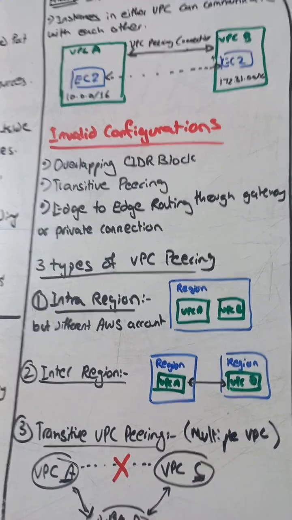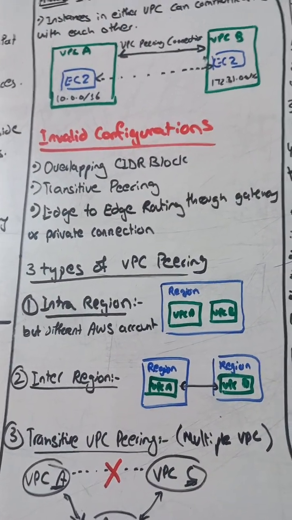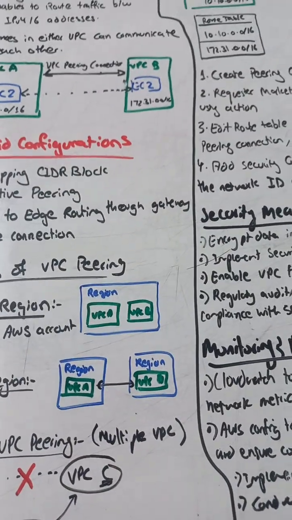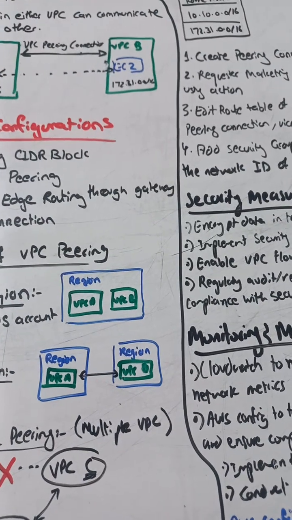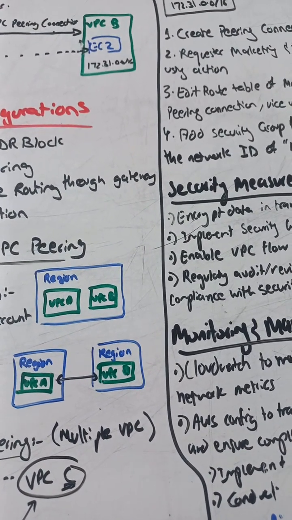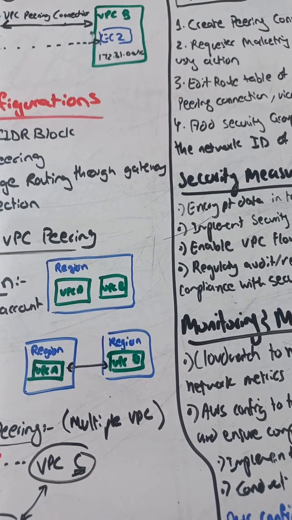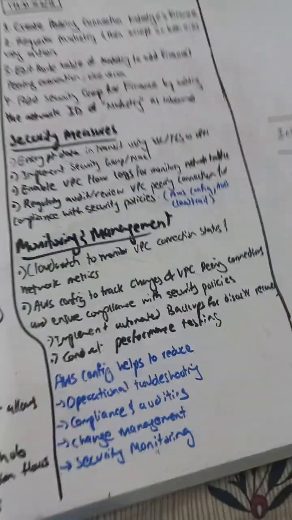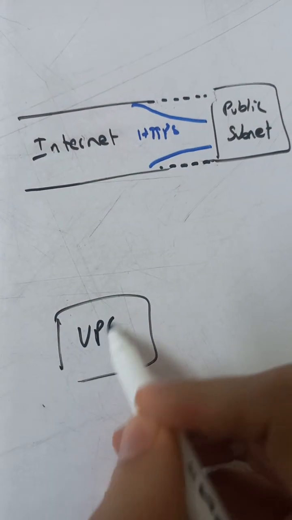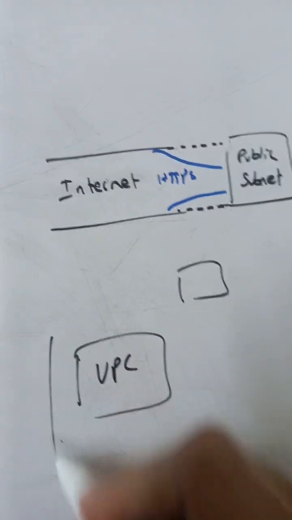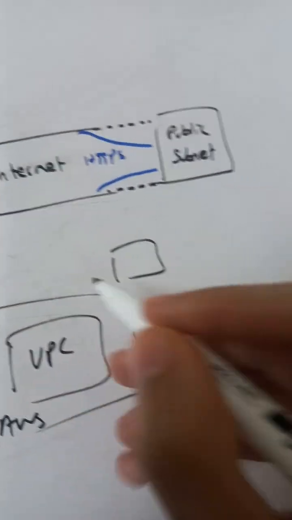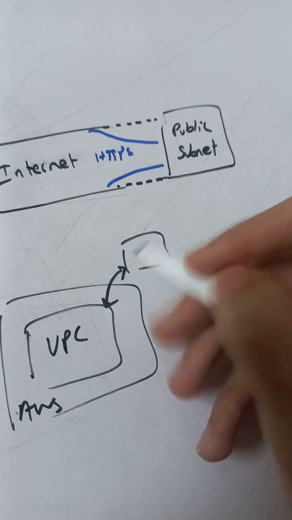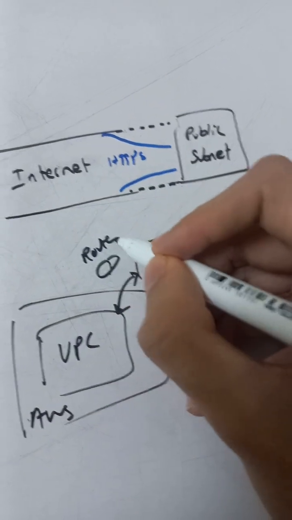You also cannot do edge-to-edge routing through a gateway or private connection. So what this basically means is, if you have a VPC here, and you have something which is outside, so let's say this is AWS and this is outside of AWS, and you want to communicate with this device, this is edge to edge through a router, and you can't do this.